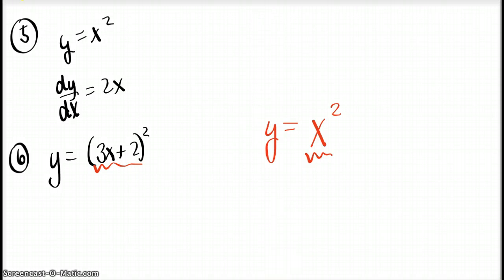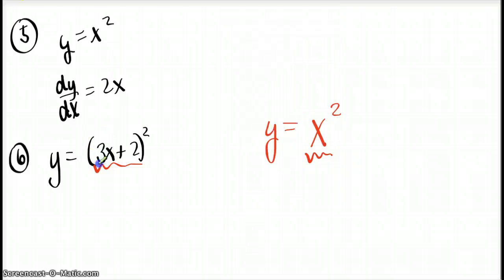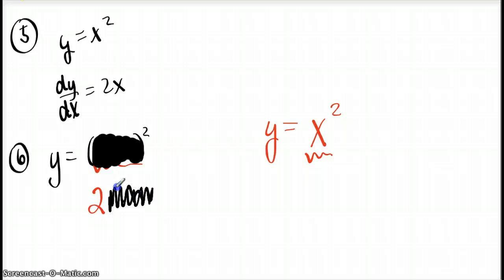So what am I going to do? I'm going to ignore this piece, right? What would the derivative of this be? If I'm ignoring that piece, it would be 2 in the front and then I would have this black thing, right? And then this 2 would drop to 1. Would you agree? So it goes to 1.